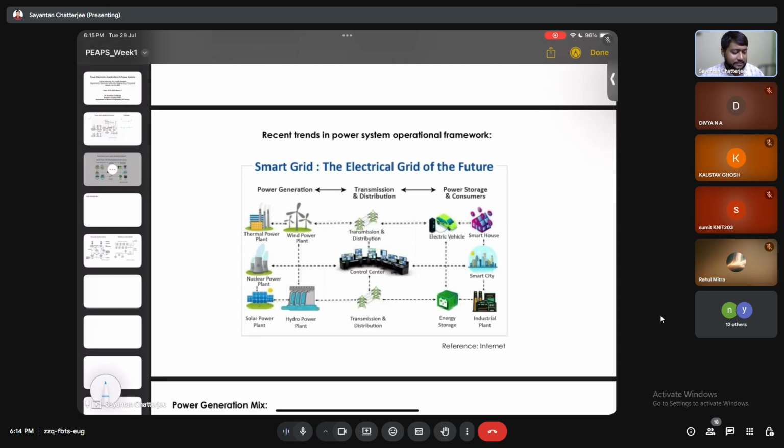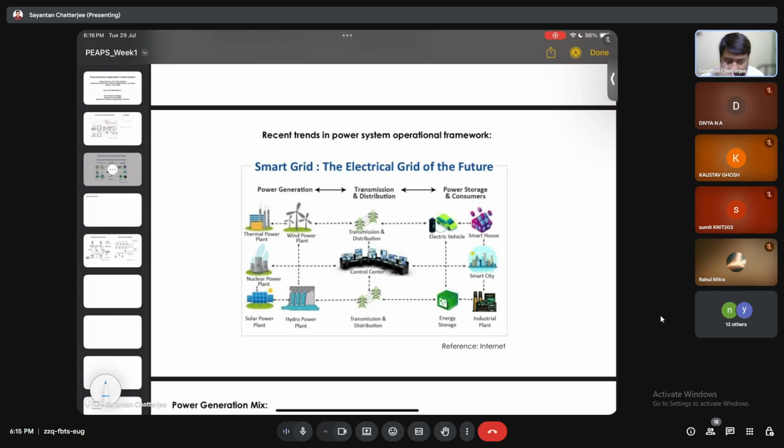So what we can see in this diagram is the present, modern-day smart grid structure, right? This is the current framework, and each and every government, each and every country is aiming towards the future grids where more and more green energy, meaning renewables, are being integrated.